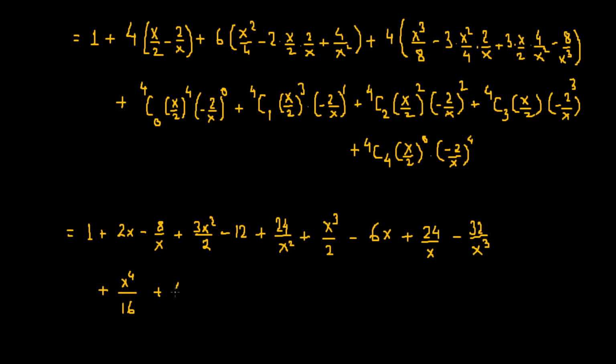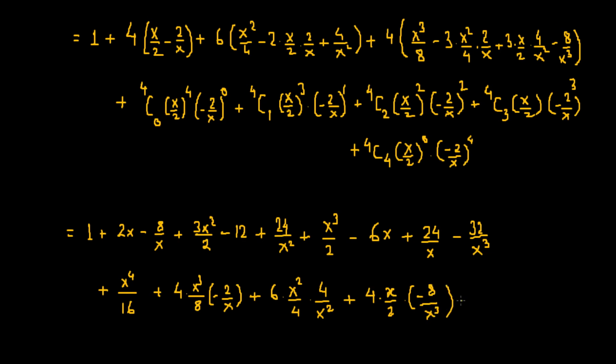Okay, the next term would be 4c1, which is 4 times x cubed over 8, this is x cubed over 8, times 2 over x, plus 4c2 is 6, 6 times x squared over 4 times 4 over x squared, plus 4c3 is 4, so this is simply x over 2 times negative 2 cubed is 8, x cubed, plus 4c4 is 1, x over 2 raised to the power 0 is also 1, so negative 2 raised to the power 4 is 16 divided by x raised to the power 4.